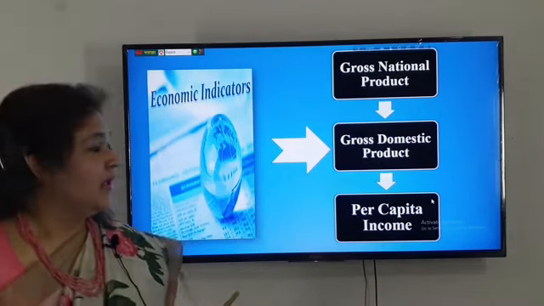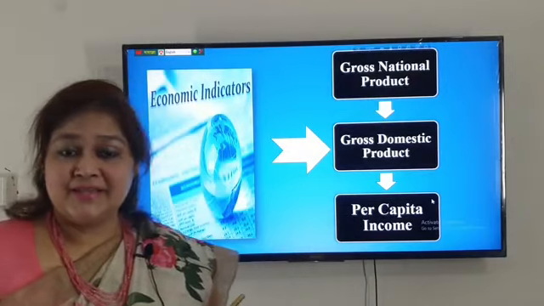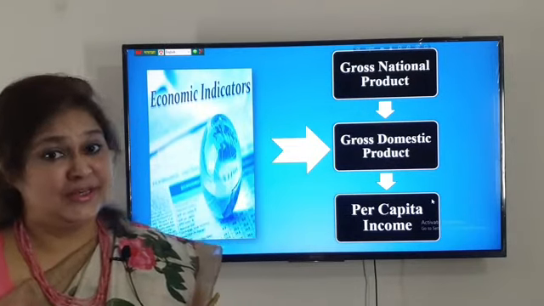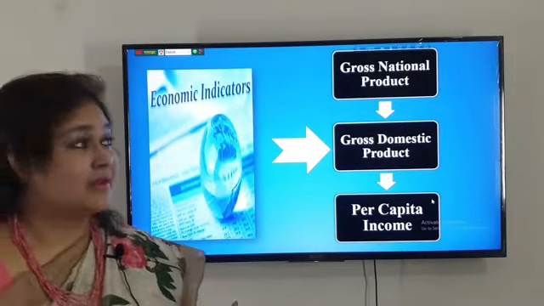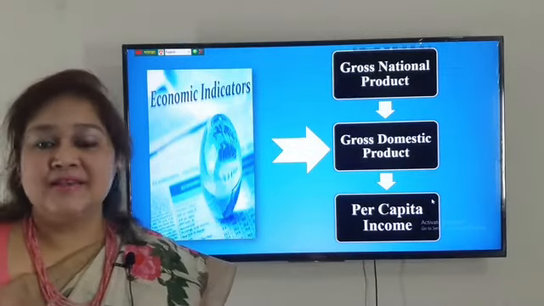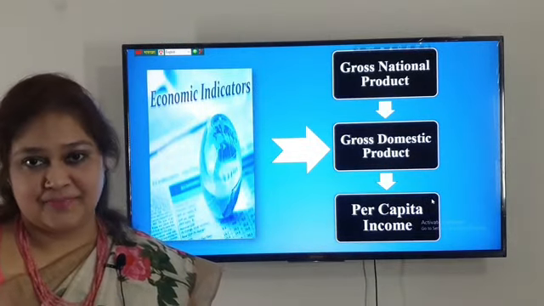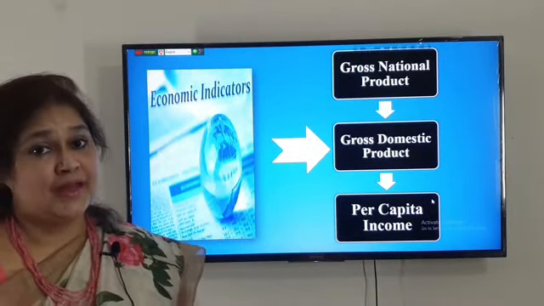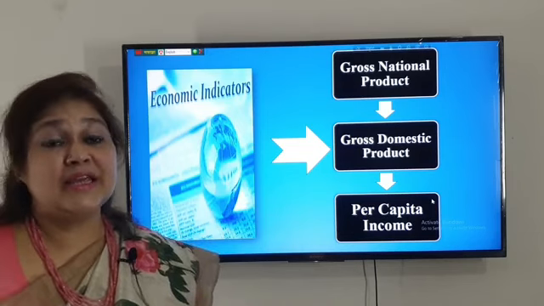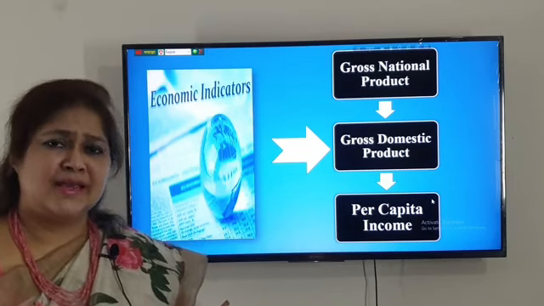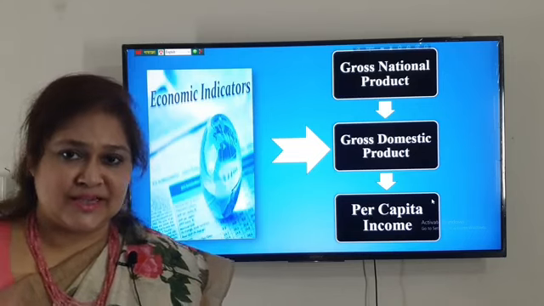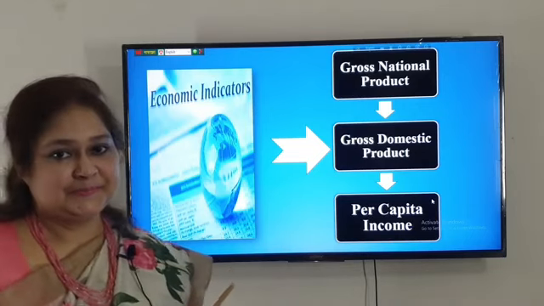Okay, I have said 3 economic indicators, right? GDP, GNP and per capita income. There are also many other indicators, and guess what are the other indicators without these?